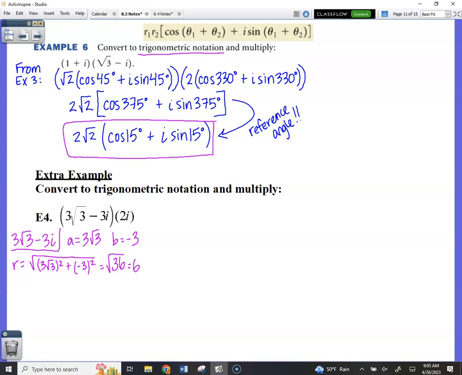So R is 6. If you recall, we had to find R. Done that. We have to find the fractions for the cosine and the sine. So set it up. Cosine of theta is A over R. Sine of theta is B over R.